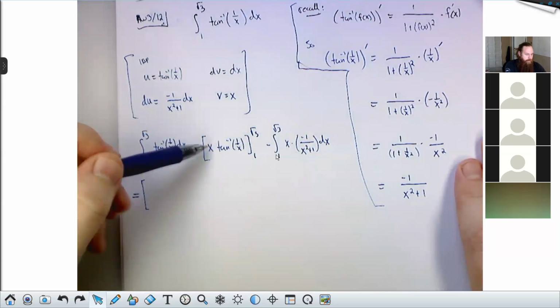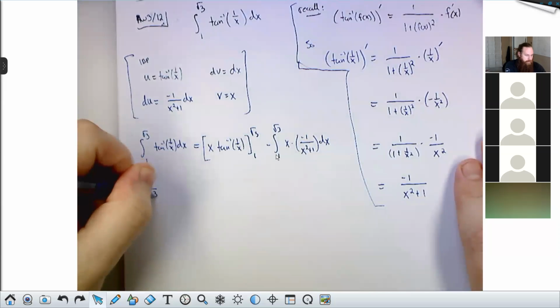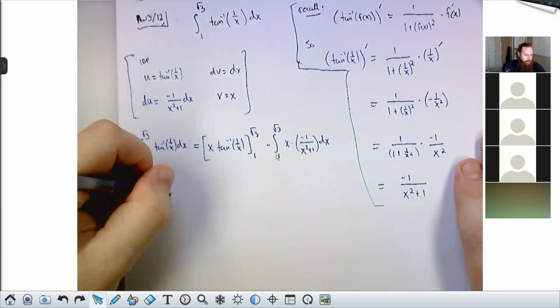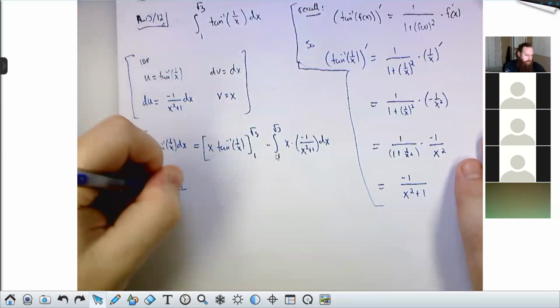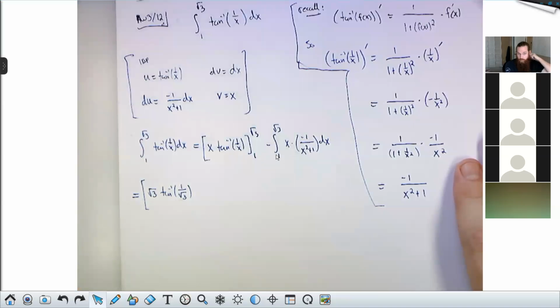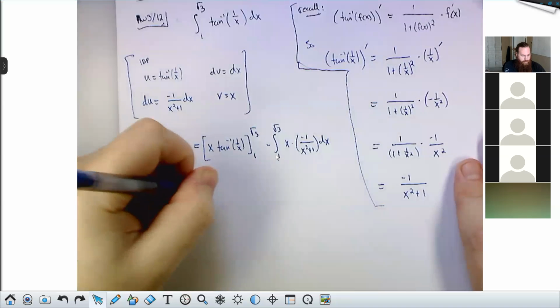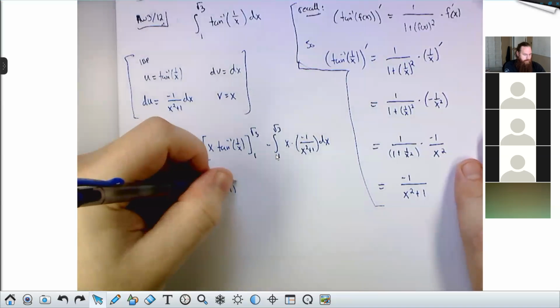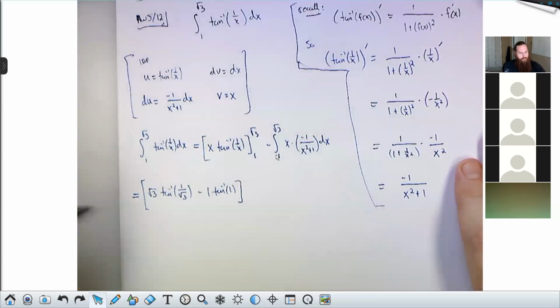When I plug in √3, I get √3 times the inverse tangent of 1 over √3. And you need to know what the inverse tangent of 1 over √3 is. Minus 1 times the inverse tangent of 1. And you need to know what the inverse tangent of 1 is.